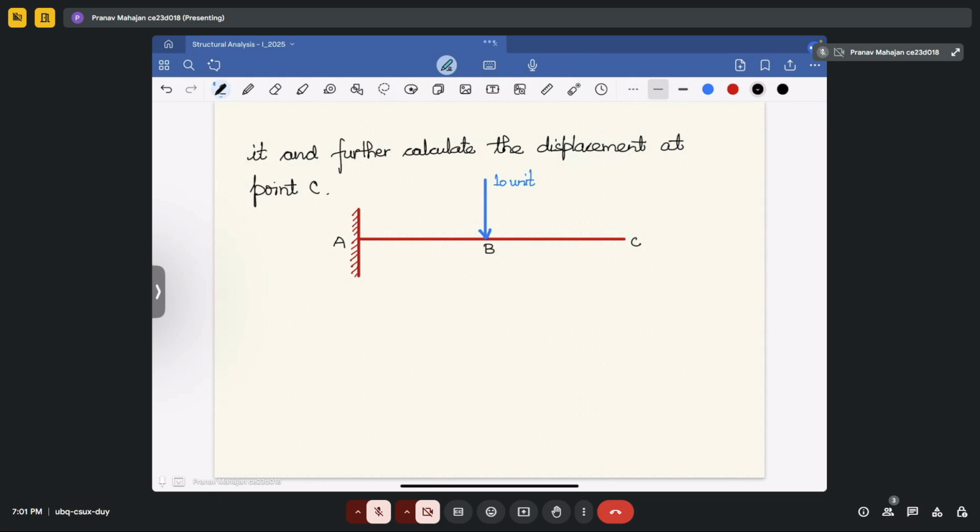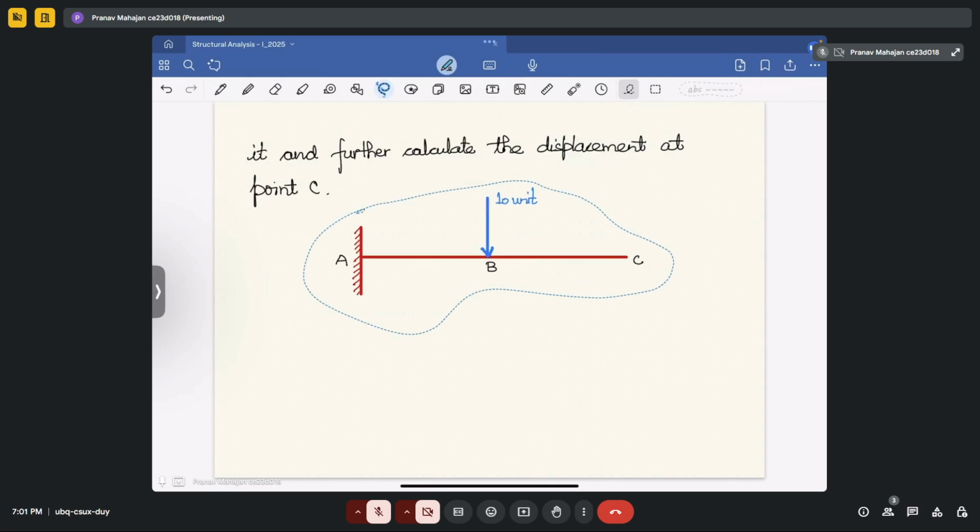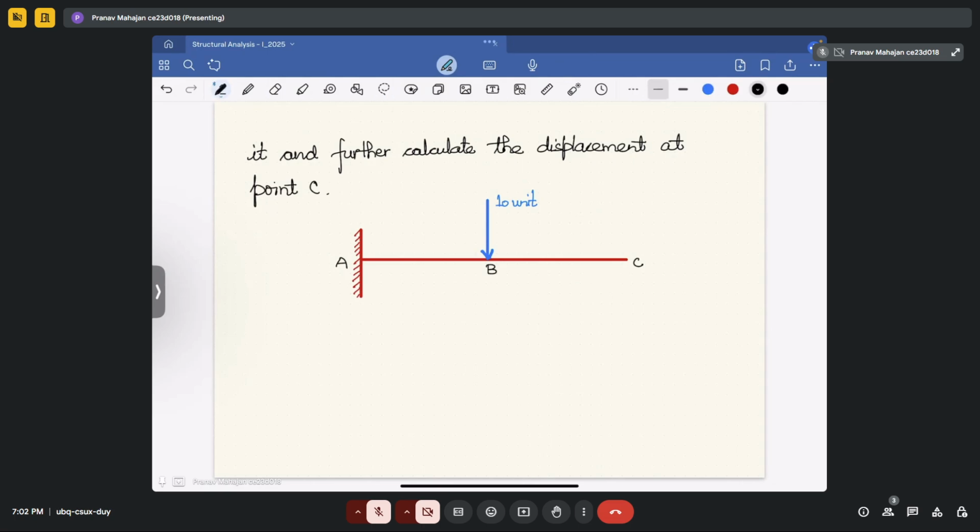Now we will use the conjugate beam method, and then we will determine the value of displacement. So starting with the conjugate beam method, if you recall how it is done, based upon the real beam, we will draw the bending moment diagram of the real beam, and then we will convert that bending moment diagram into the equivalent loading diagram for the conjugate beam.